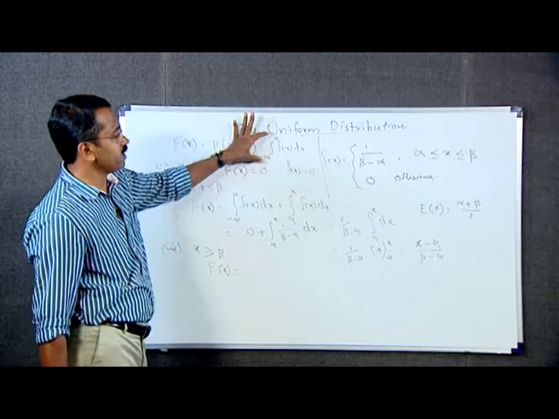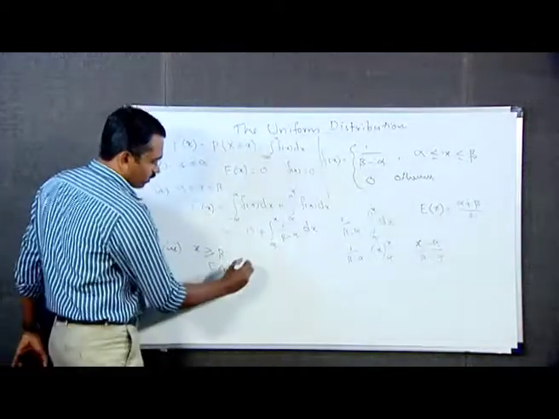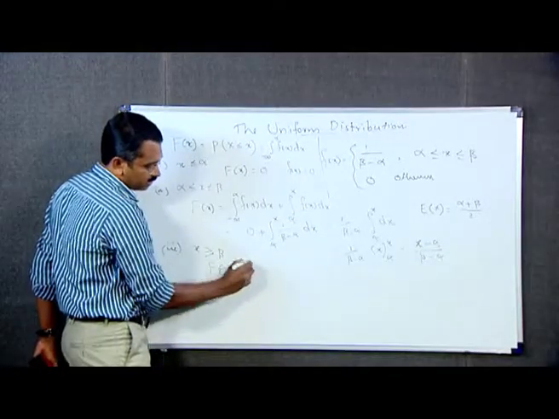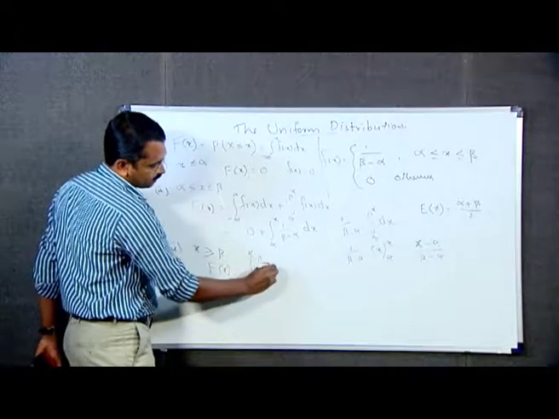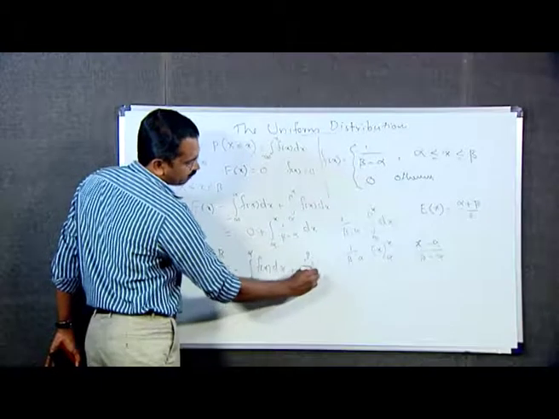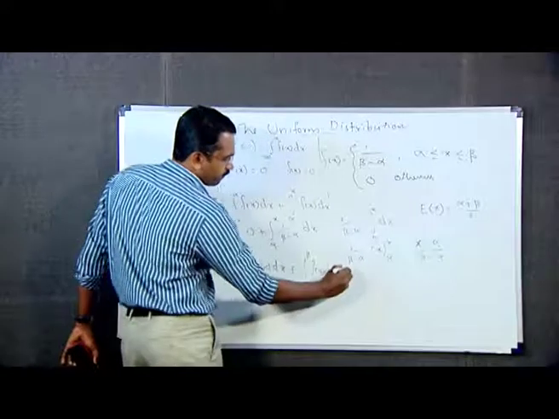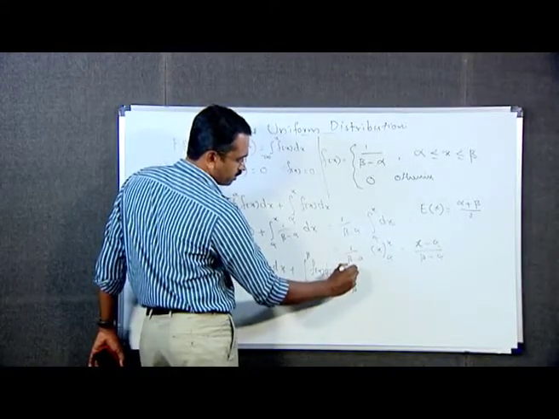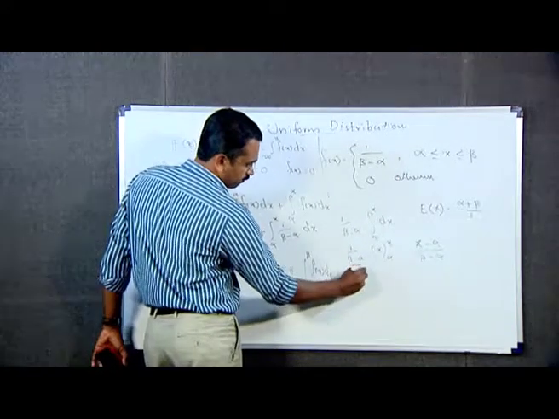This limit of integration minus infinity to x can be split into 3: first is the integral from minus infinity to alpha of f of x dx, plus the integral from alpha to beta of f of x dx, plus the integral from beta to x of f of x dx.